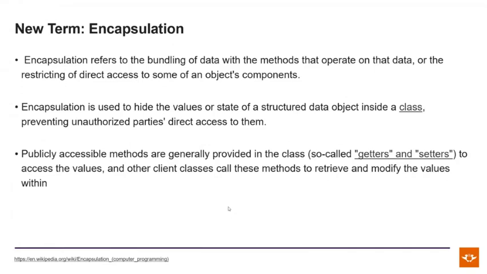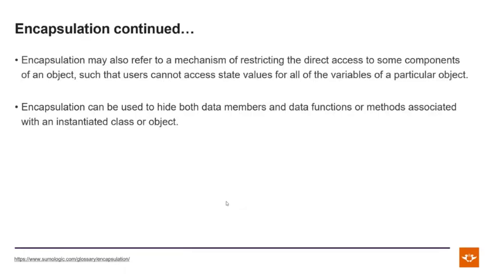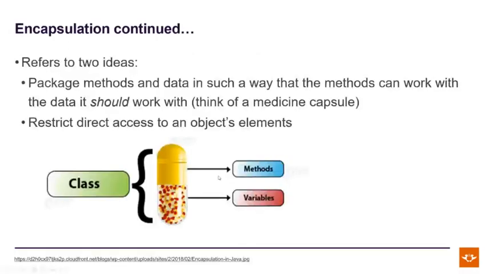Encapsulation also refers to a mechanism restricting data access to some components, so they can't see or access particular parts. Encapsulation also hides data members and functionalities. So you can say, okay, only certain people can access certain areas of the code or certain aspects. So we can encapsulate it and expose only what is relevant.